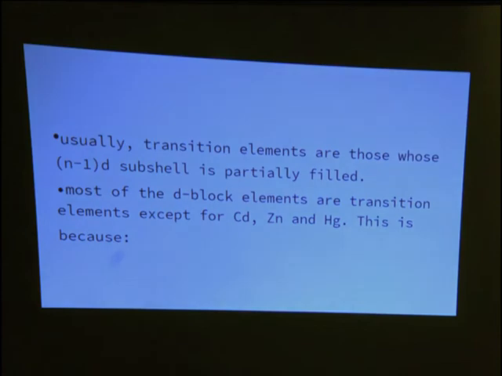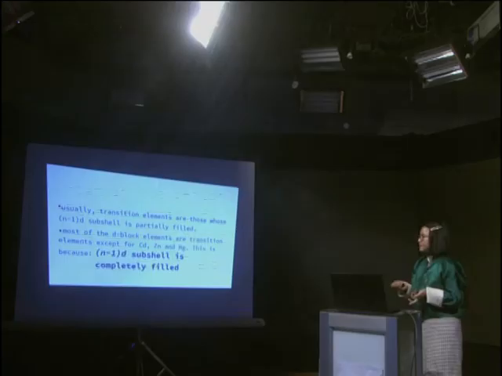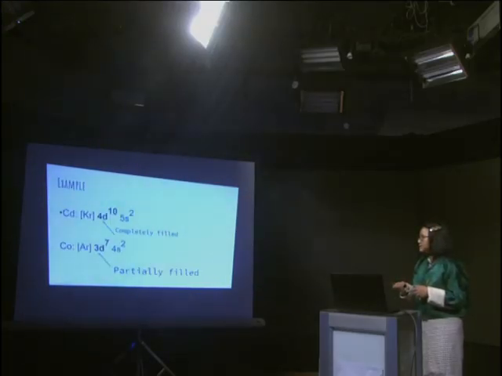Most of the d block elements can be considered transition elements except for three: cadmium, zinc and mercury. Why is it so? This is because the penultimate shell, the shell where the last electron enters, is completely filled for all these three elements. So they cannot be considered transition elements, but they are d block elements.